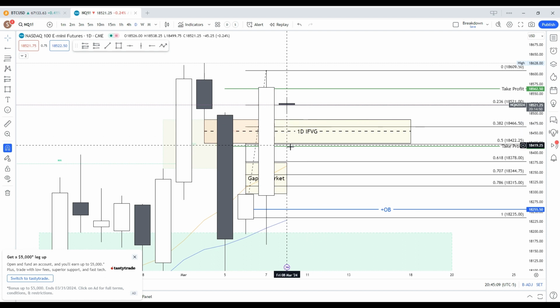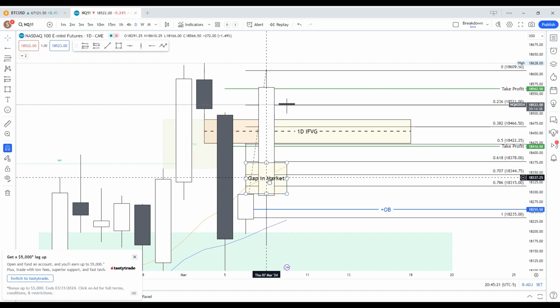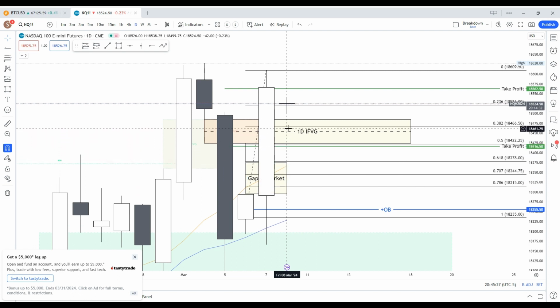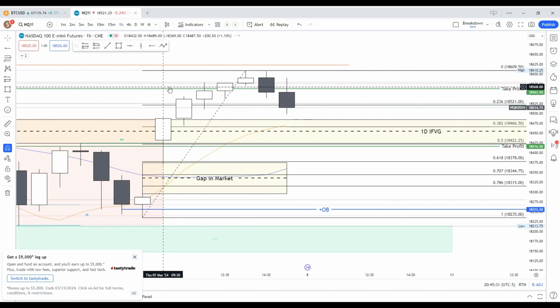I don't want to see anything below that, really. Unless at the end of the day it's a wick, right? Say we do come down here and fill this gap that we have and the body closes above it, that's still bullish.